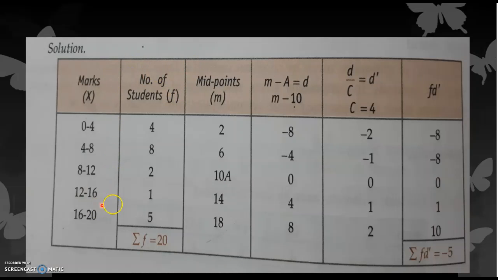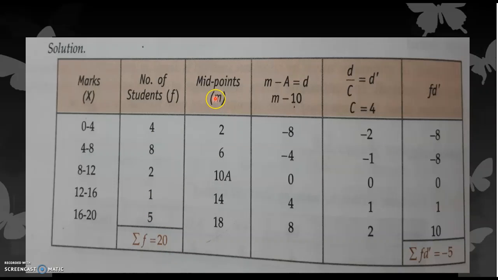First we have to draw a table like this and mark all the given data. For getting sigma f, we have to add all these frequencies. Together we get 20.